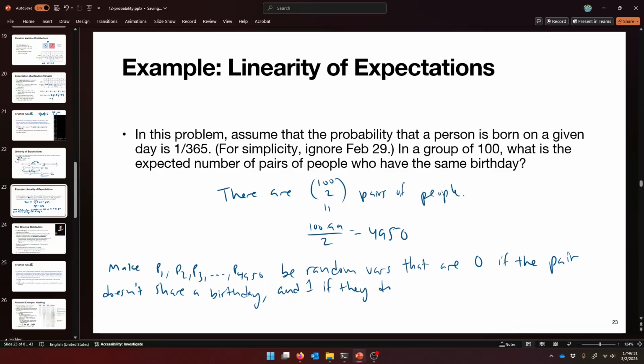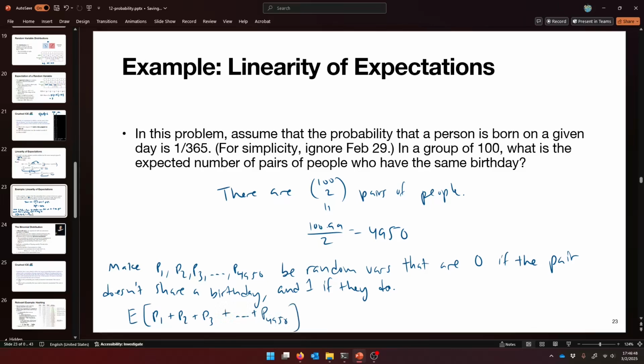Do you see how what we want now is this? We want the expected value of the sum of all of these random variables, P1 plus P2 plus P3, up to P4950, because the way that we define them gives us exactly what we want, right? Because they're a 1 if they shared a birthday, a 0 if they didn't, and so this will give me the expected number of pairs of people who shared a birthday.